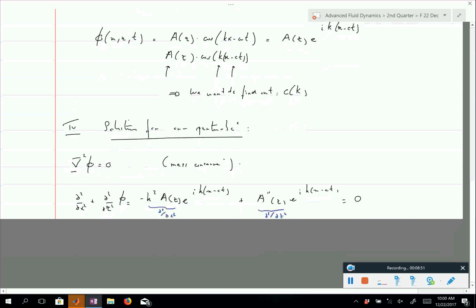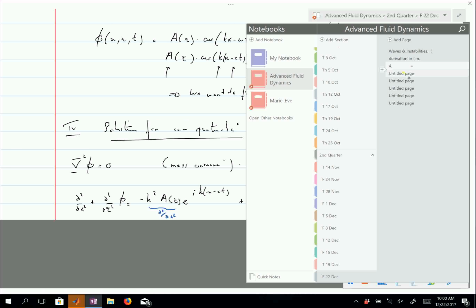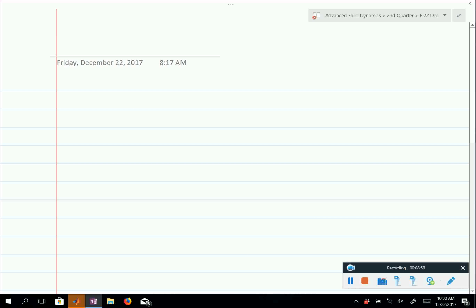Okay, so you can factorize the exponential, and when you factorize the exponential, you're left with a second order ODE. So you're left with the second derivative of a with respect to z equal to k squared times a(z), right? And so the solutions for that will be hyperbolic cosines and sines.